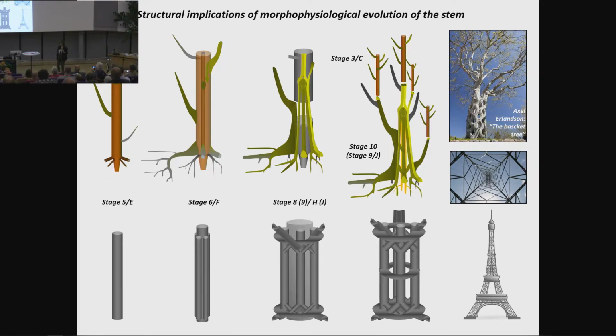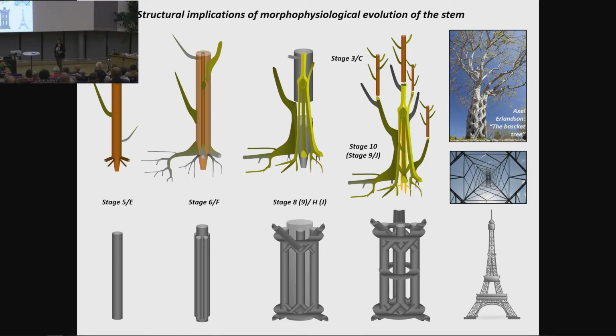So again, looking at the stem, we can say, as already said here, the young stages are like this, and if we want to really describe it as a geometrical model, we can say it's more like a Roman column. And then at this stage, we have the first formation of cambial columns.